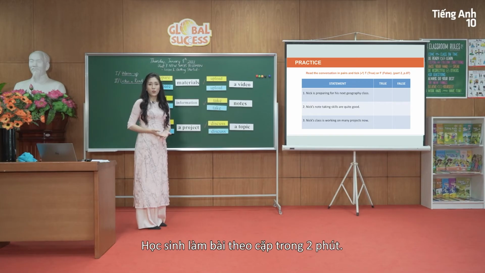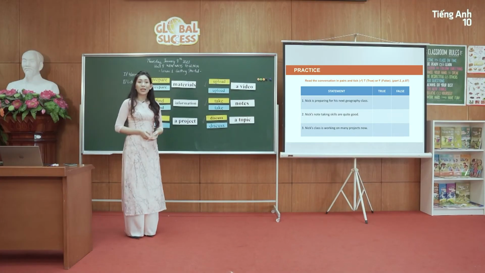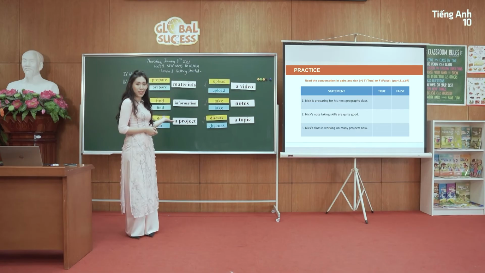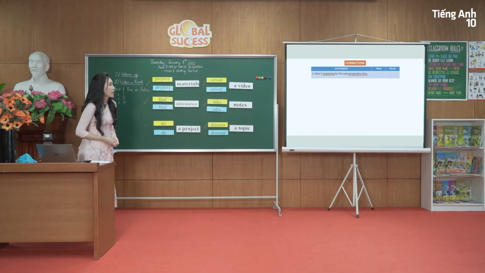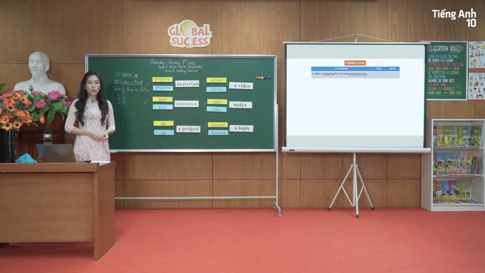You have 2 minutes. Mike, can you please go to the board and do the exercise? Now let's find the answer. The first statement is, Nick is preparing for his next geography class. What is the key word? Can Tuấn tell me?